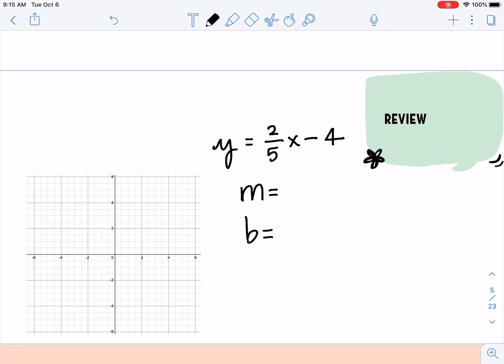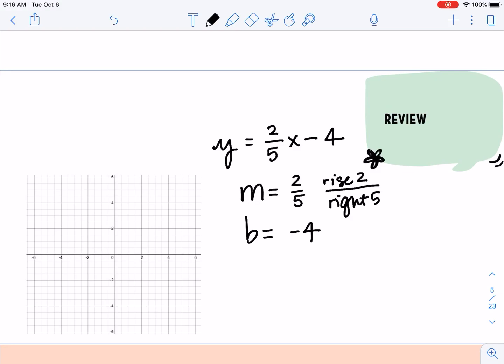In this case, the slope is 2 over 5, meaning we are going to rise 2 and go to the right 5. And our y-intercept is negative 4, meaning our line is going to cross the y-axis at negative 4. Pause the video, see if you can graph it.